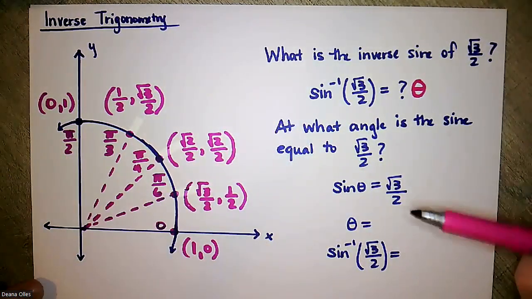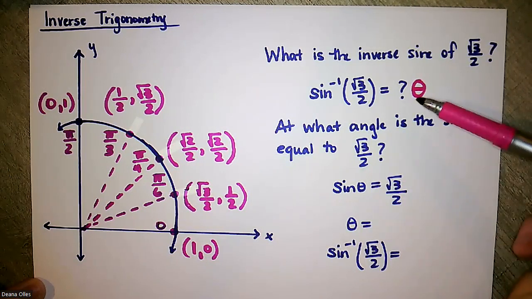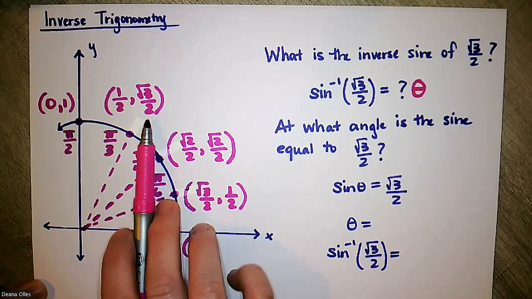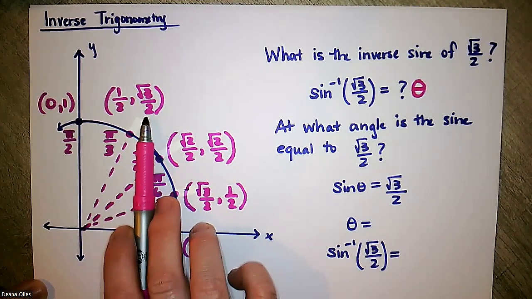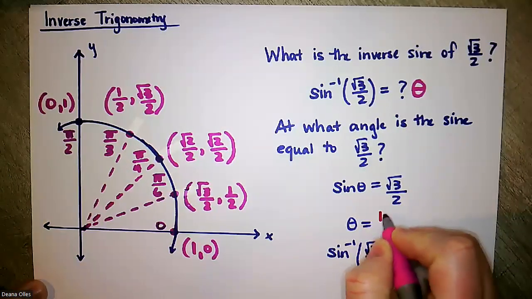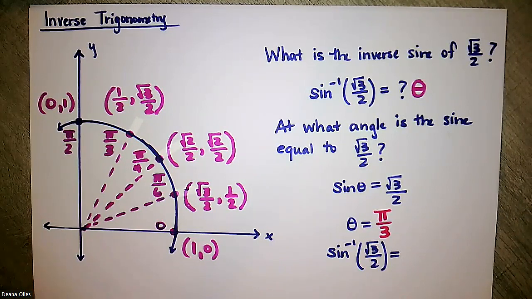So basically, again, what I'm looking for is the sine of what angle theta is radical 3/2. Well, that's easy. I'm just going to go over here and find my y because sine is y. I'm going to find my y value where radical 3/2 is what we have. And here it is. And that is at the angle pi/3. So the sine of pi/3 is radical 3/2.